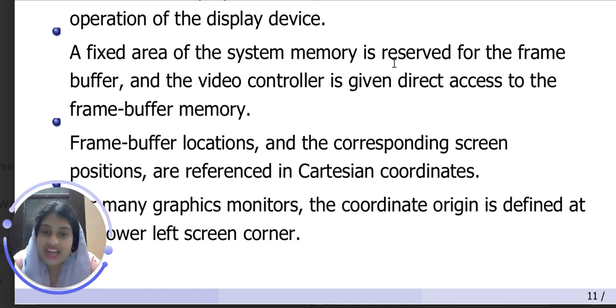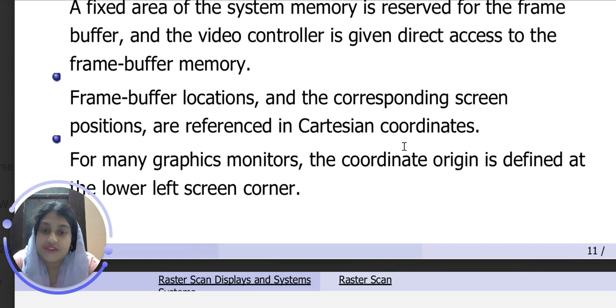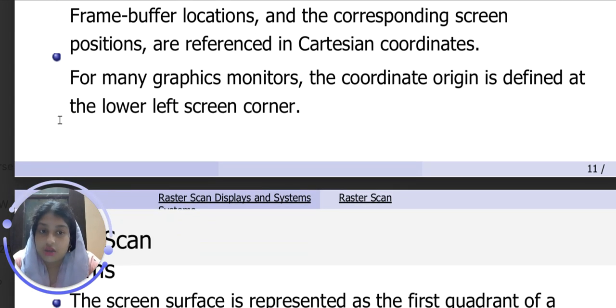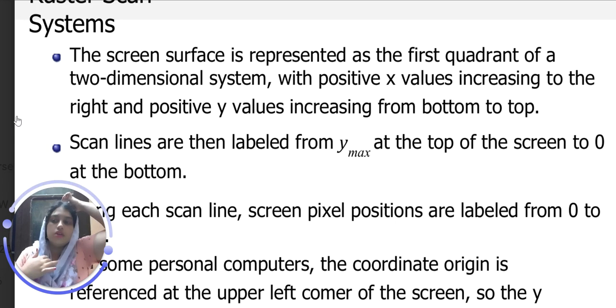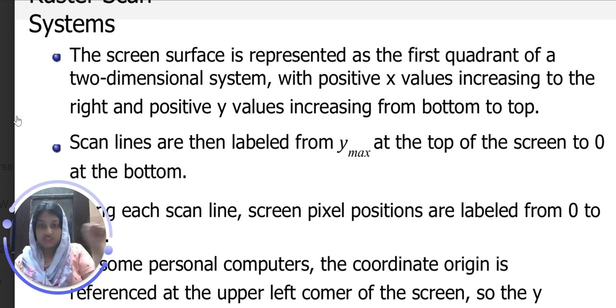Frame buffer locations and the corresponding screen positions are referenced in Cartesian coordinates. For many graphics monitors, the coordinate origin is defined at the lower left screen corner. The screen surface is represented as the first quadrant of a two-dimensional system, with positive x values increasing to the right and positive y values increasing from bottom to top.